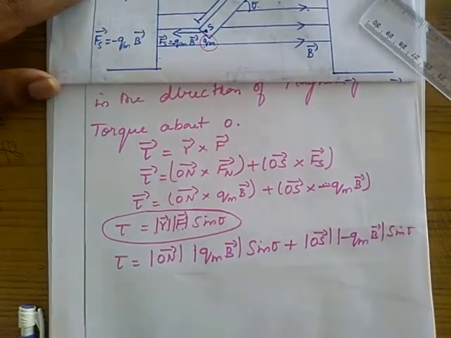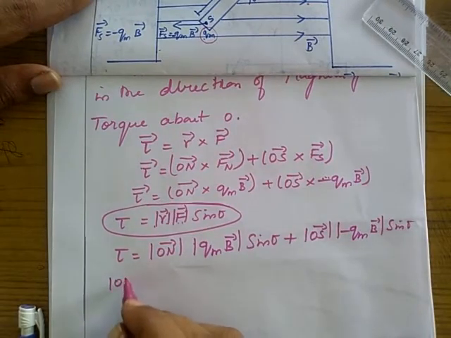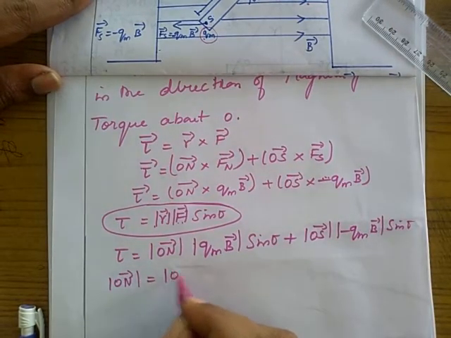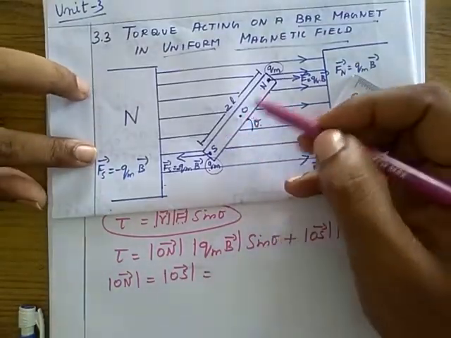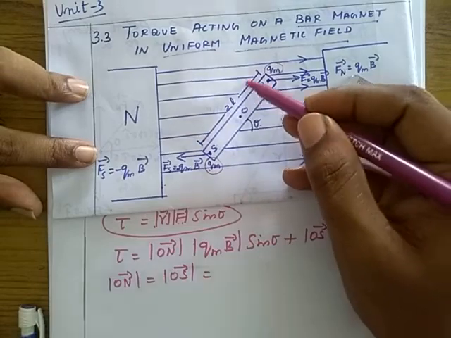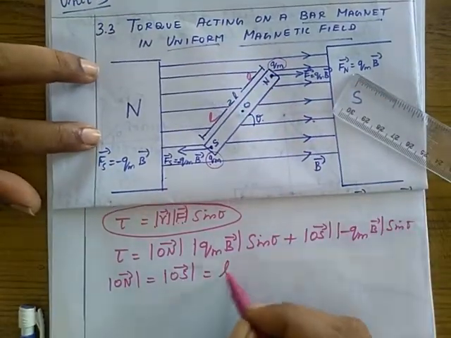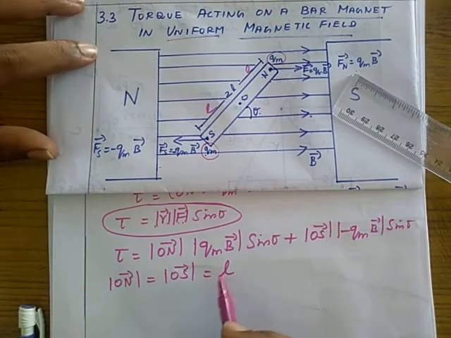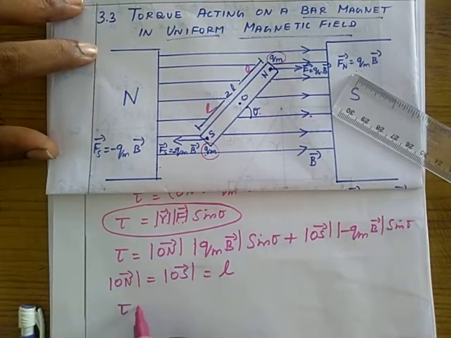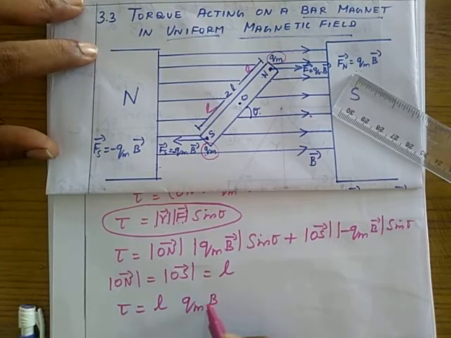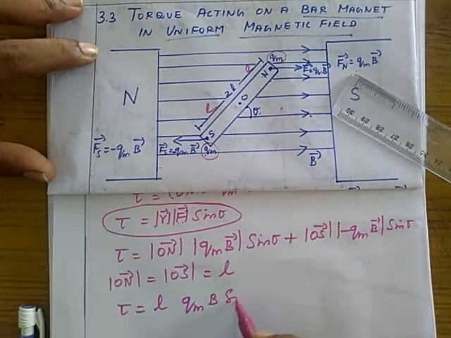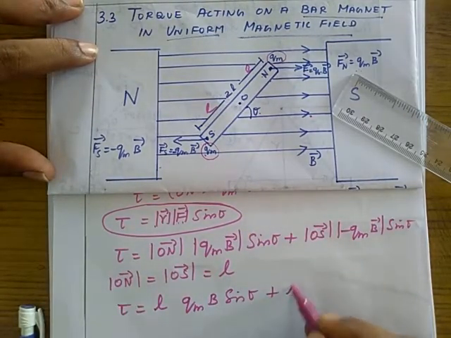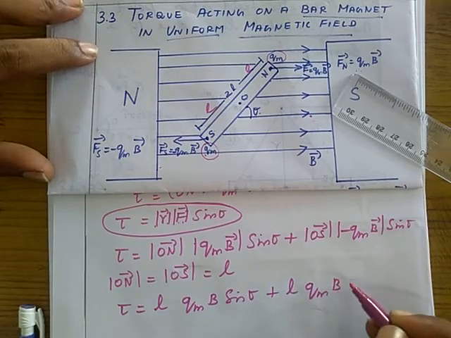We know modulus of ON vector is equal to modulus of OS vector. That value, ON is equal to OS, is L. This distance is L, we know very well. Then substitute here: tau is equal to L Qm B magnitude sin theta plus L Qm B sin theta.